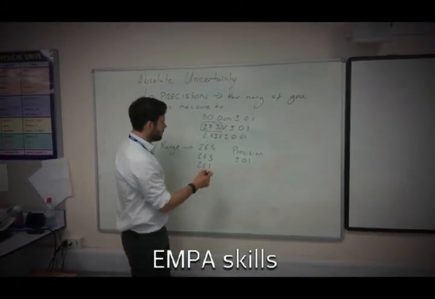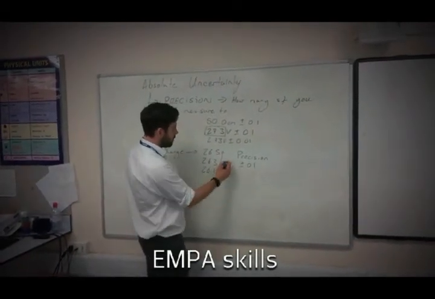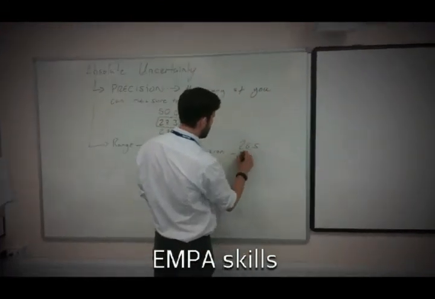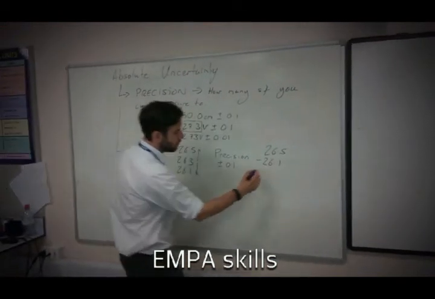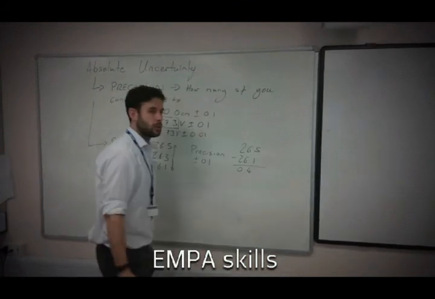So what we're going to do is we're going to take our range. Now our range between these two values is 26.5 minus 26.1, our largest value minus our smallest value, which gives us 0.4.